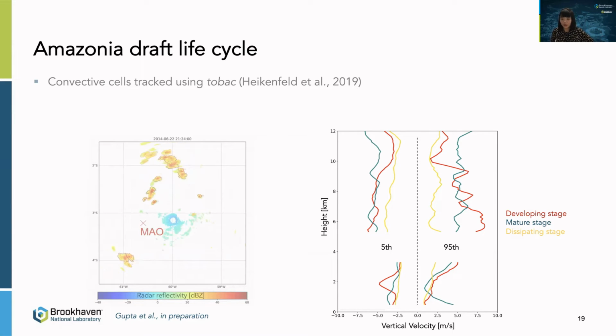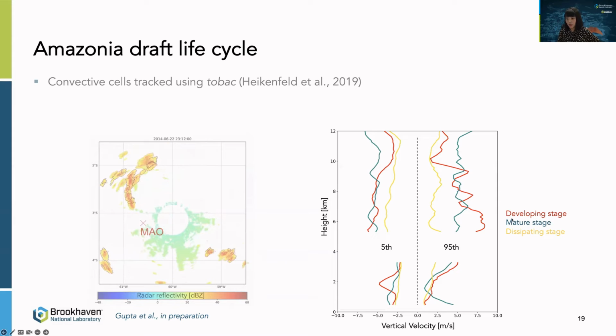So here on the right-hand side, what I'm plotting is the positive and negative percentile vertical velocity for different life cycle stages of those isolated convective cores. You can see the red color represents the developing stage, blues are the mature stage, and yellows are the dissipating stage.